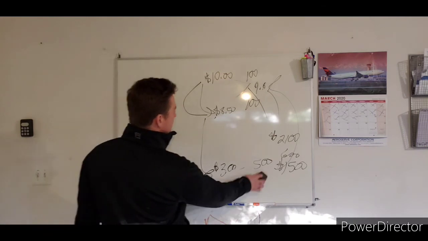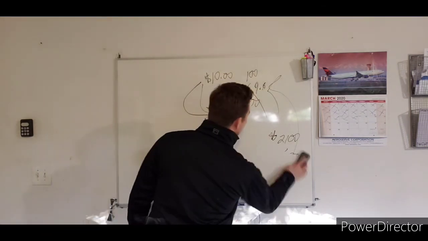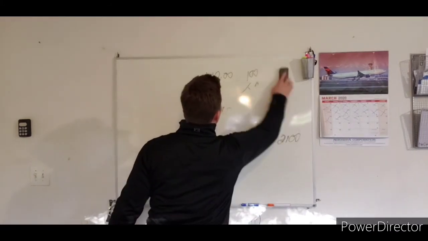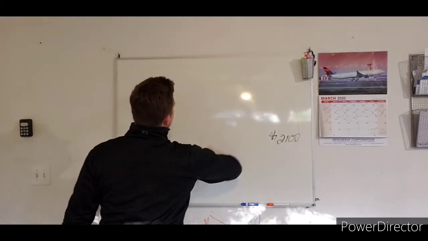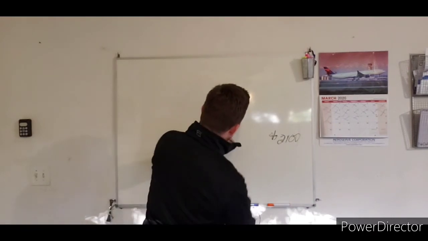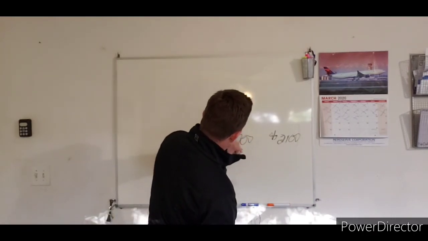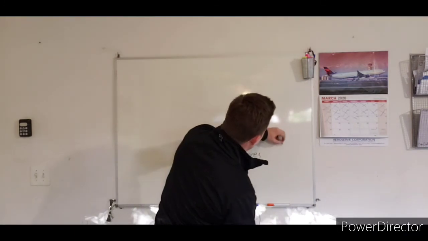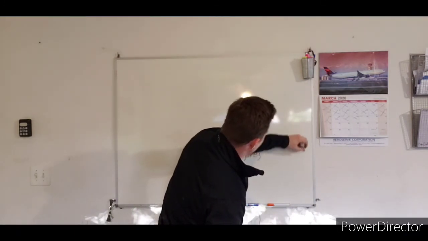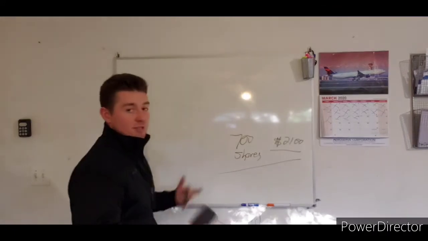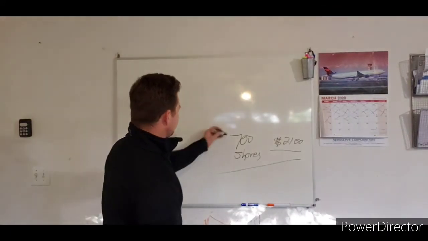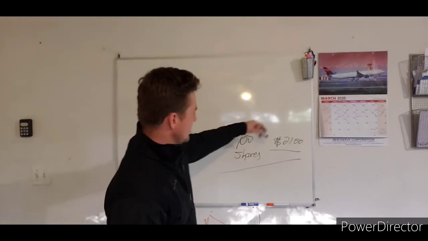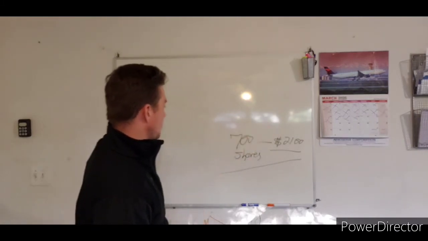Now we have 500, 600, 700 shares. So now we got 700 shares at $2,100. And again, I'm sorry if I lost you, but this is dollar cost averaging. Been doing a lot of days, so my mind's kind of all over the place. So 700 shares, total cost $2,100 at this point.